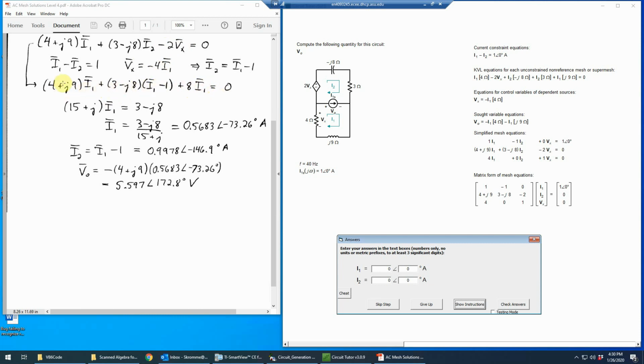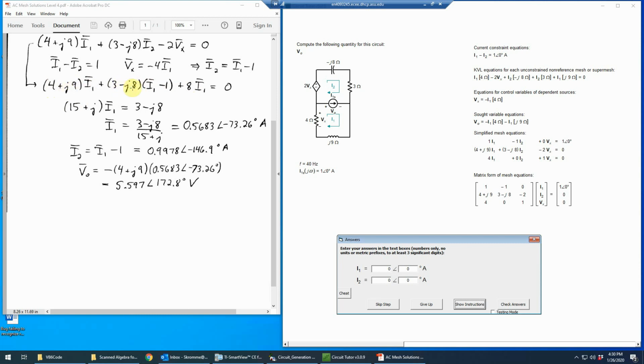So let's collect those coefficients to simplify that, which we can do by hand. For the real coefficients, we have 4 plus 3 plus 8. So that would be 7 plus 8, or 15. And then the imaginary coefficients would include j9 and negative j8.